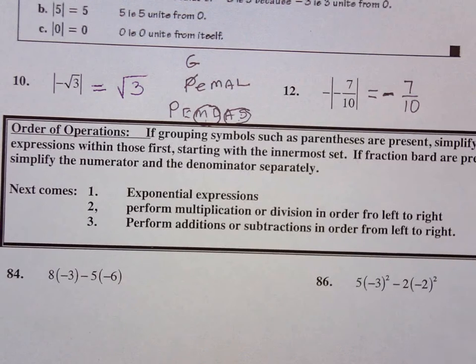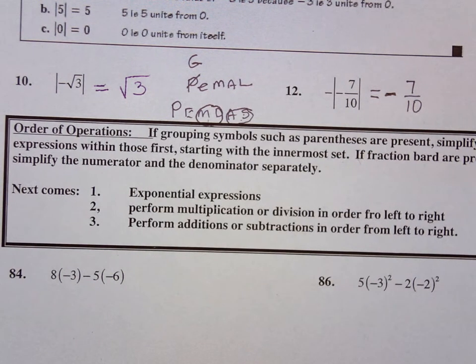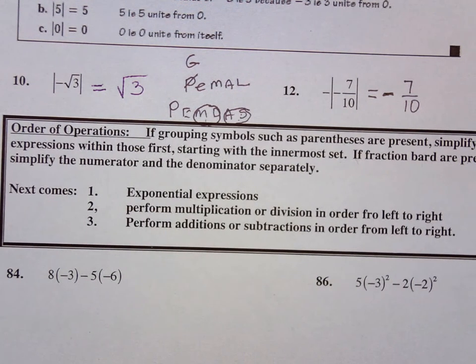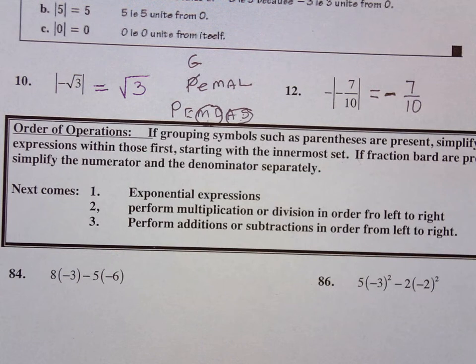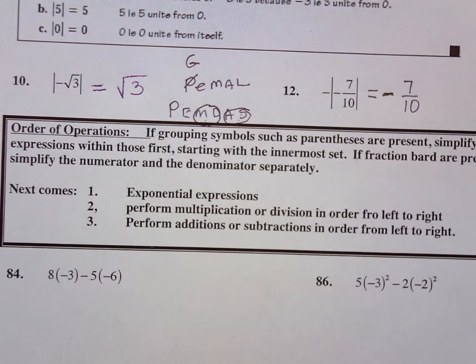Now all of these scientific calculators, whether I'm talking about the grapher or this TI-30, some of the other ones don't quite do it this way, but these operate under order of operations.